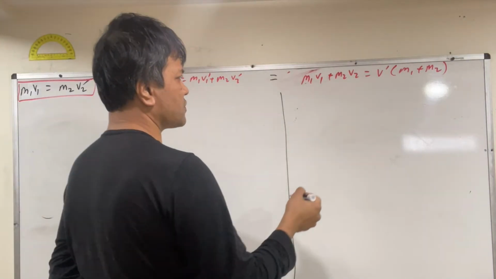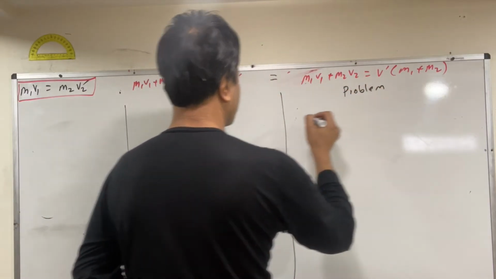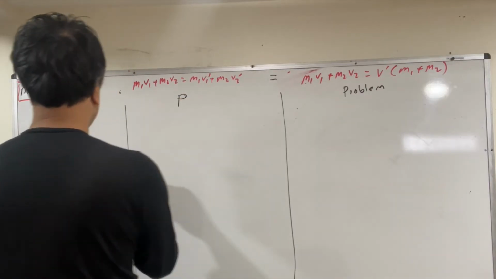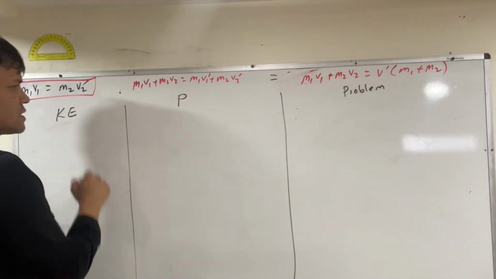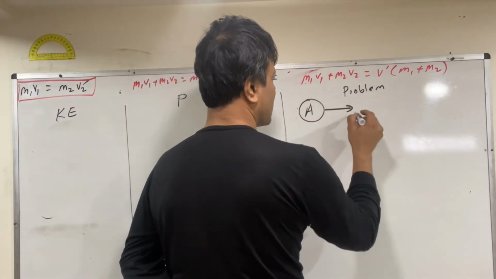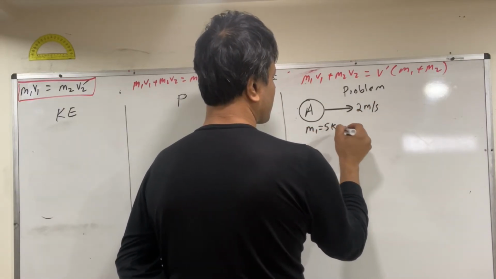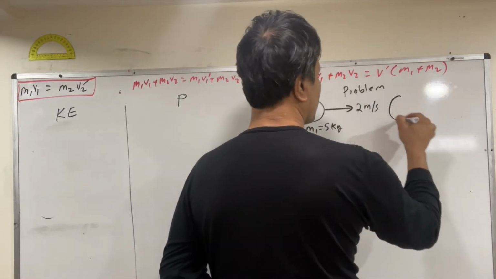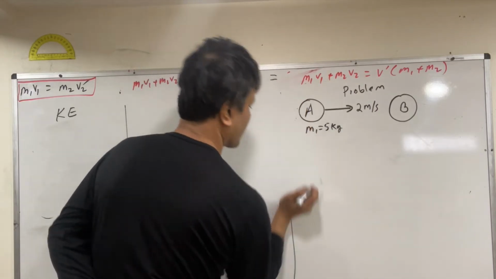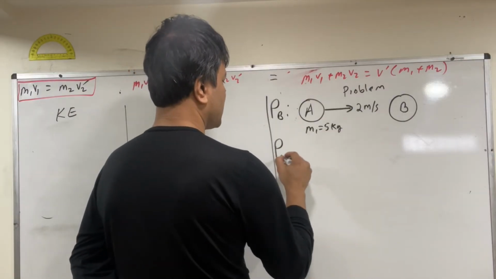So first I'm going to show you the problem, and then I'm going to check whether momentum is conserved, and then whether kinetic energy is conserved. What is the problem? Say ball A moves with velocity 2 meters per second and collides with ball B. All right, this is before, momentum before, and this is momentum after.